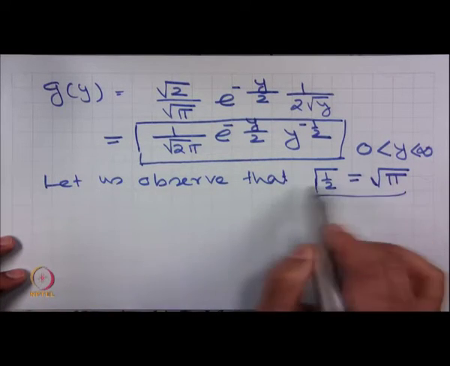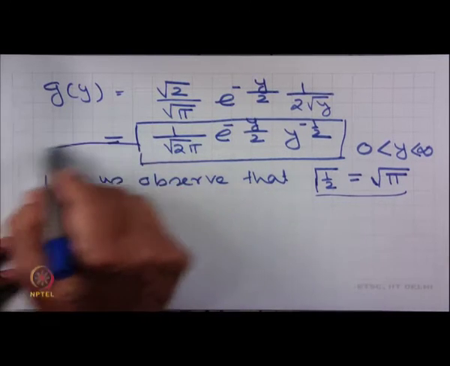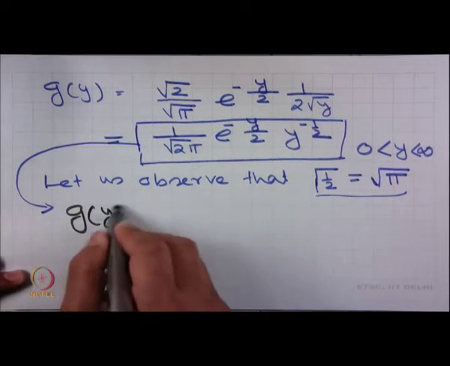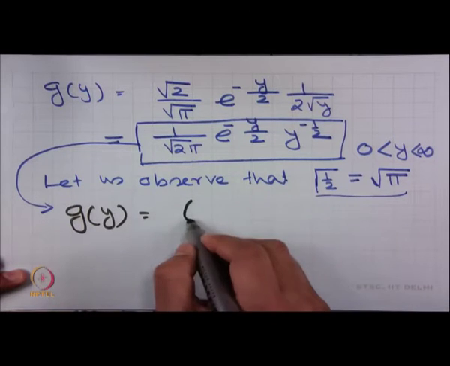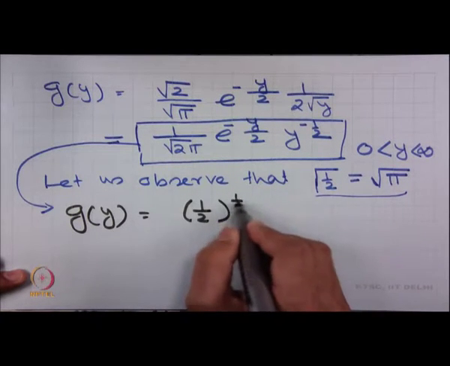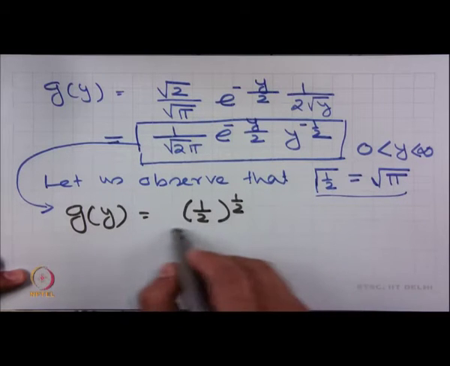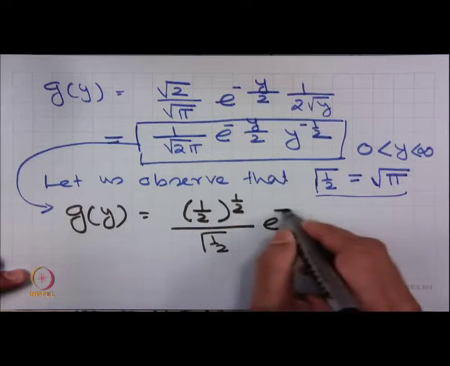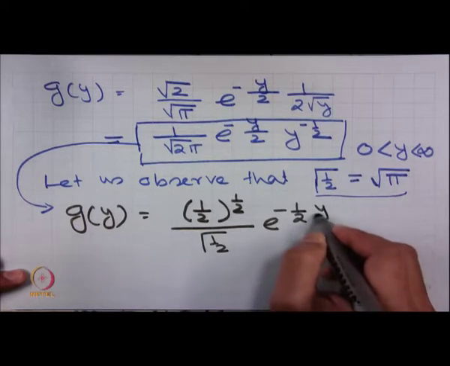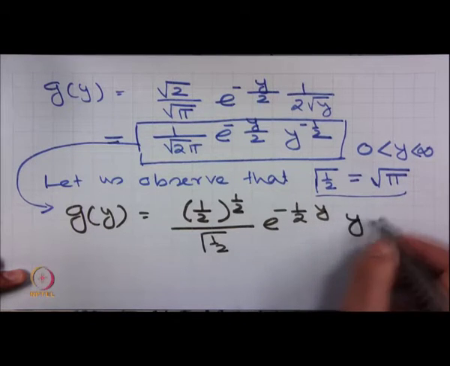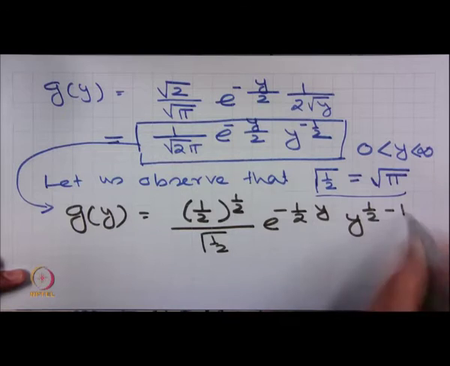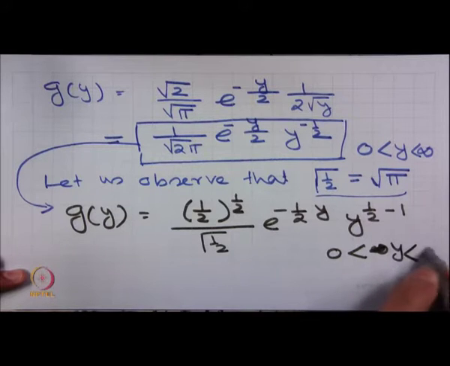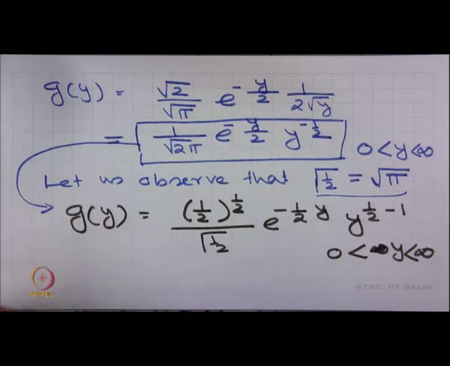So, I am utilizing this property and writing g(y) = (1/2)^(1/2) / Gamma(1/2) e^(-y/2) y^(1/2 - 1), 0 < y < infinity. Do you remember this density?